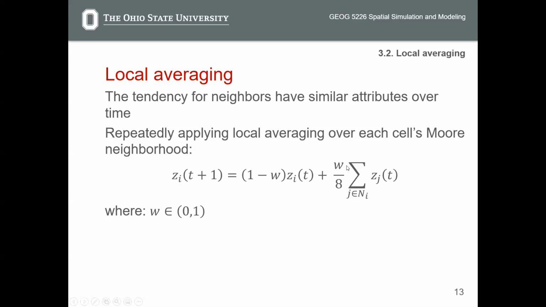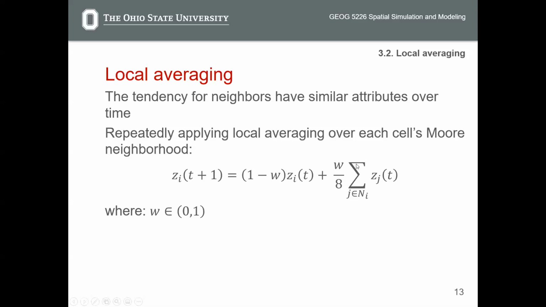If it is 0.5, it means that 50% of the value of i after the next tick is decided by the average of its neighbors. The other 50%, which is 1 minus W, 1 minus 0.5, is decided by its current value. Okay, so that's why it's called local averaging.